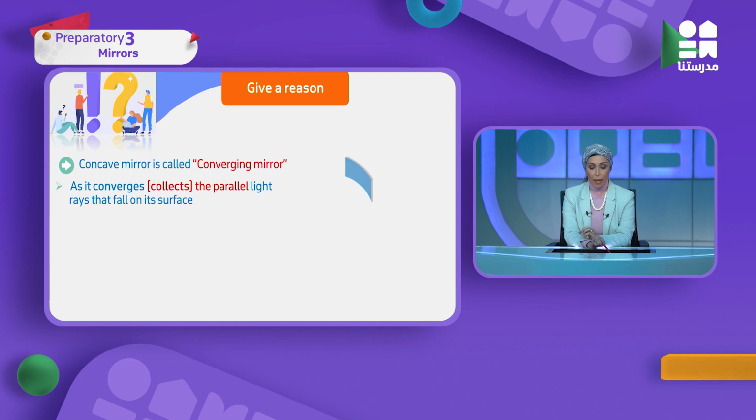This is the shape of the concave mirror, with the inner reflecting surface, the shiny part, the inside part. Let's see what happens if parallel light rays fall on it. Those are the parallel light rays coming on the surface of the concave mirror. What happens to those rays?